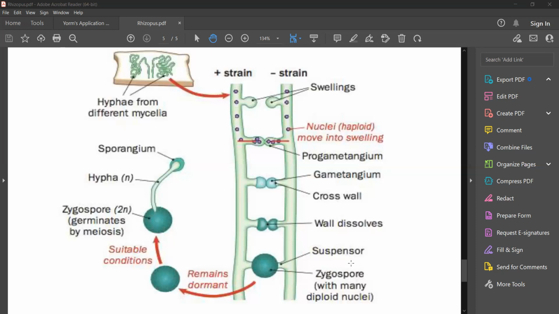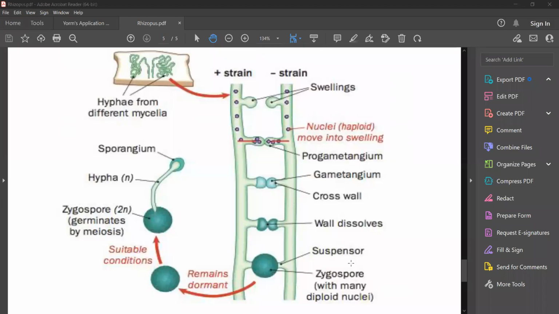And then this cross wall, the tips of these progametangium cut off, and then the wall dissolves and forms the gametangium. Now, in the gametangium, there's exchange of nuclear material, cellular stuff, like fertilization, sort of, and then it produces the zygospore.